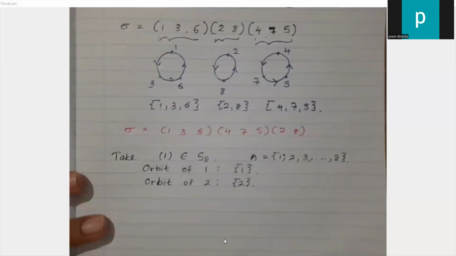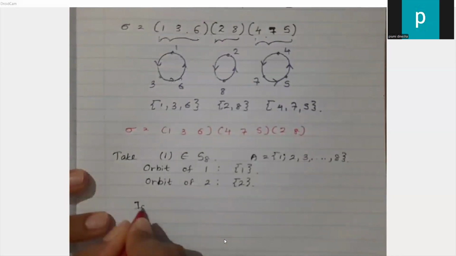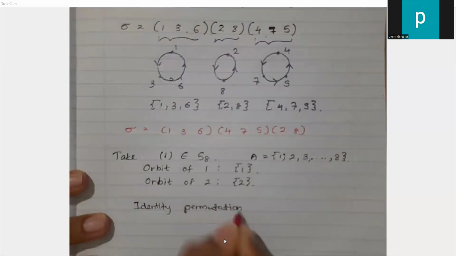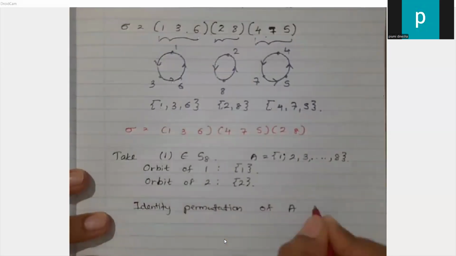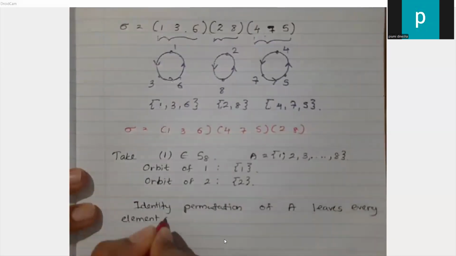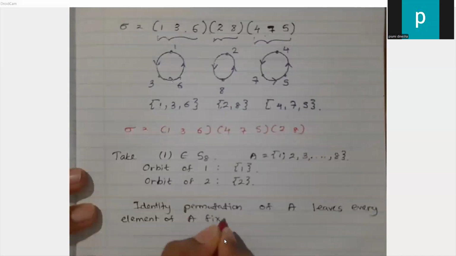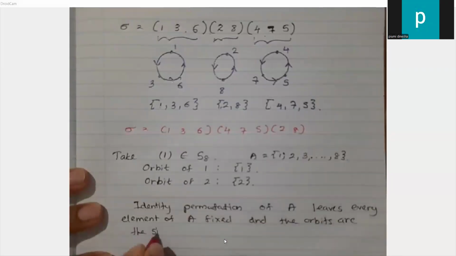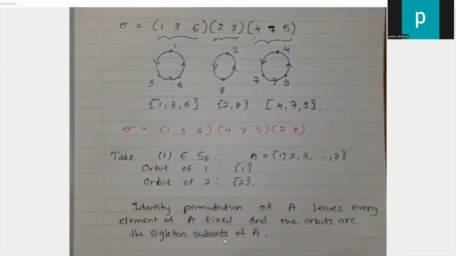So I can write: the identity permutation of A leaves every element of A fixed, and the orbits are the singleton subsets, or one-element subsets, of A. All right.